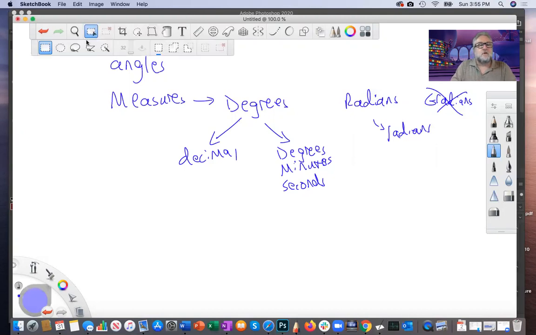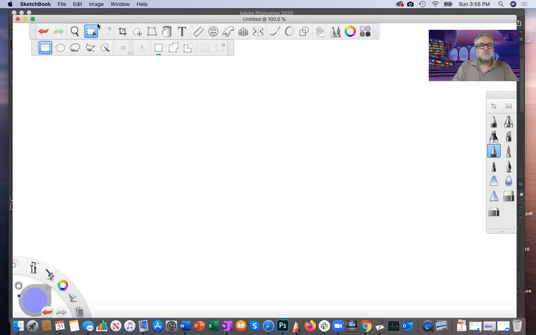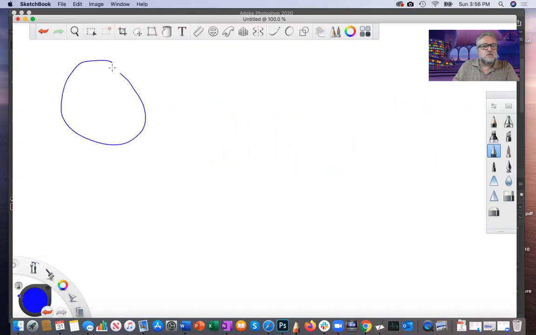Okay, so first, let's talk about degrees. You already know degrees in decimal form, right? 12.6 degrees, we're all aware of that. And in a circle, all the way around is 360 degrees. But when we want to do degrees, minutes, seconds, let's do 32.6 degrees.